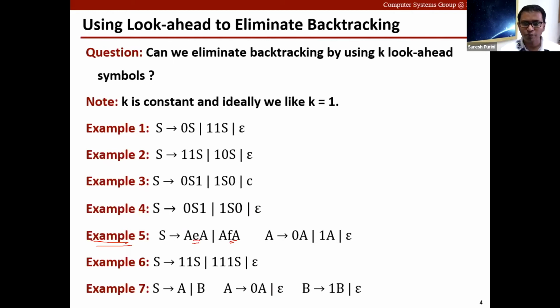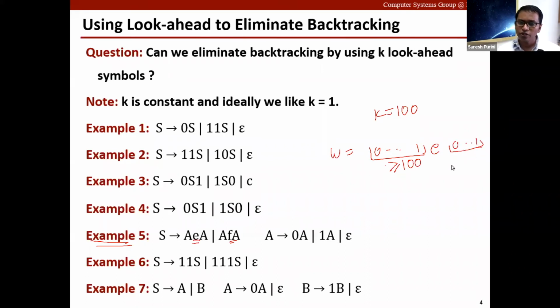But the problem is, given a string W, let's say the number of lookahead symbols that you are using is 100. You may have a binary string whose length is greater than 100, followed by that you may have E, and followed by that you may have some binary string.